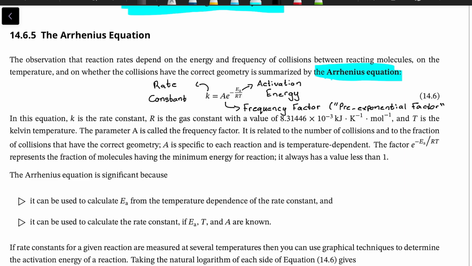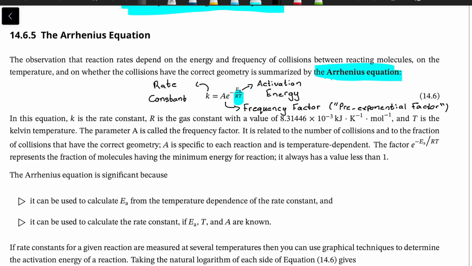All right. And so if we discuss here, of course you have the gas constant R and you have the temperature T. So do you see that this equation combines the ideas of what is the energy required for the reaction to proceed, and what is the temperature at which this reaction takes place.